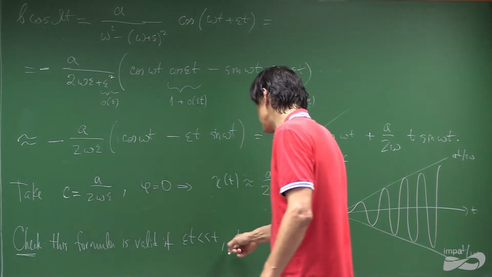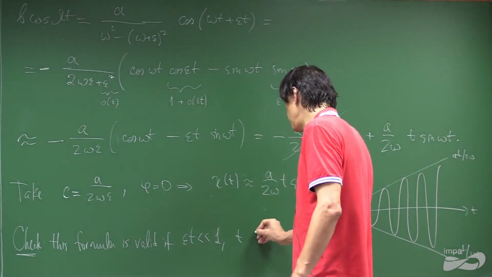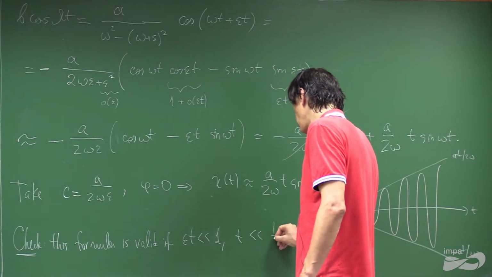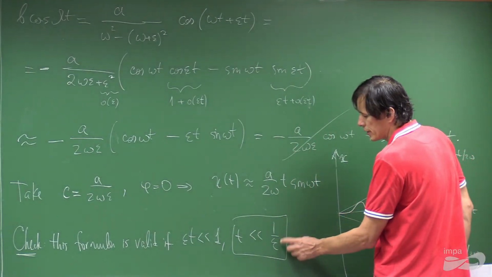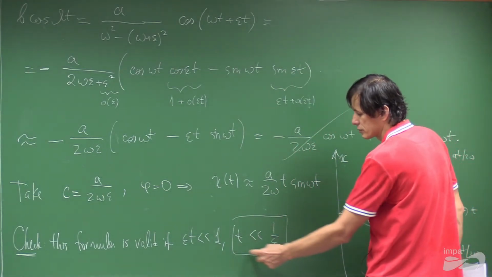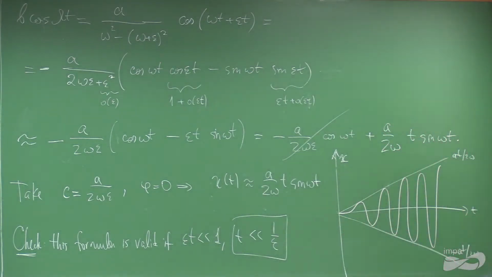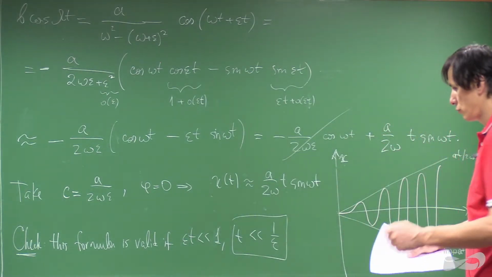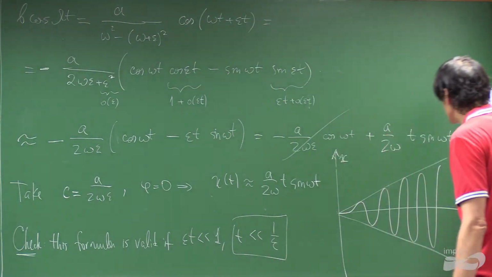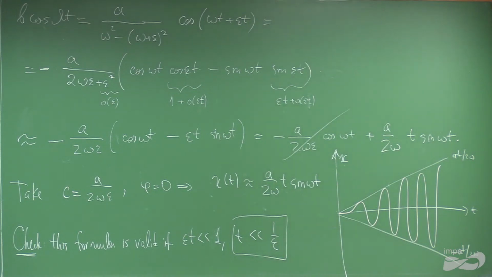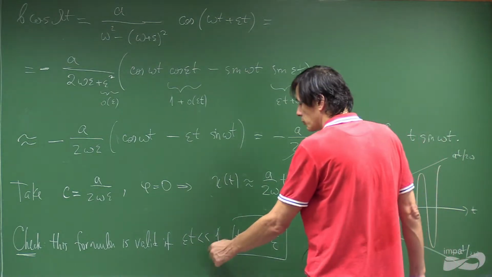Or the same is that t is much smaller than 1 over epsilon. So when you're very close to resonance, so epsilon is small, for some large t, this is the correct solution. And whenever you're exactly at the resonance, this will just grow forever. Okay, so that's the solution at the resonance at small times.